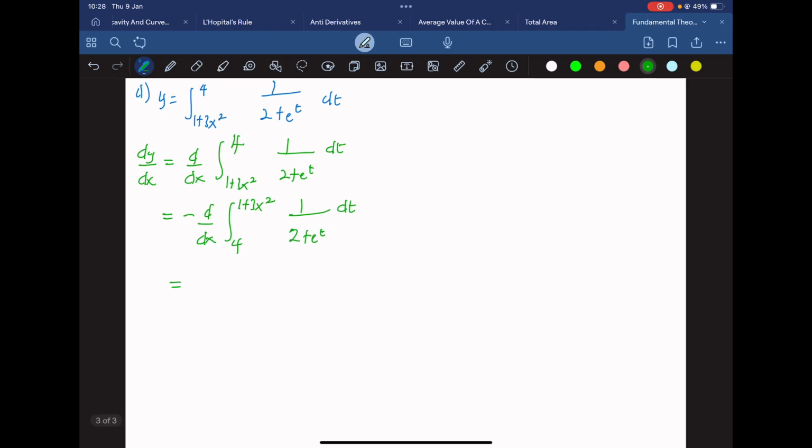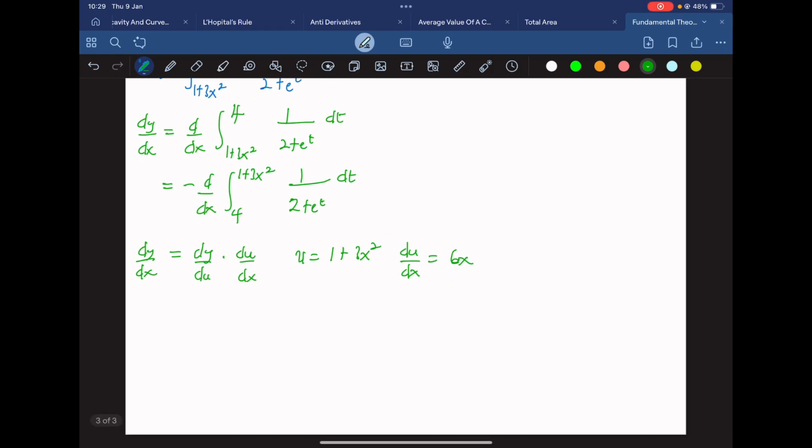Since we do not have a linear term right here, we have to use the chain rule. So we have dy/du multiplying du/dx. In this case, your u is 1 plus 3x squared. If you differentiate u with respect to x, differentiating 1 gives 0, and differentiating 3x squared gives 6x.